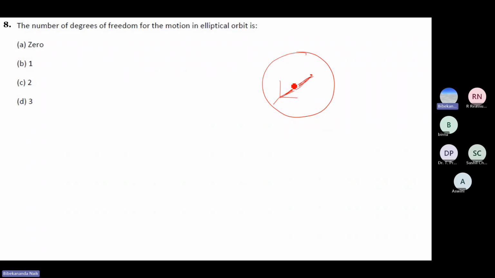In order to define this distance, we will need some coordinates of that object. So it will be some x, then y, then z. These are the coordinates and these are the degrees of freedom. So an object which is moving in space has 3 degrees of freedom.